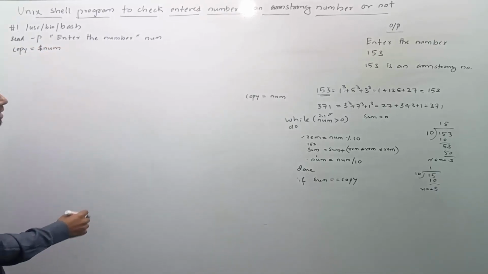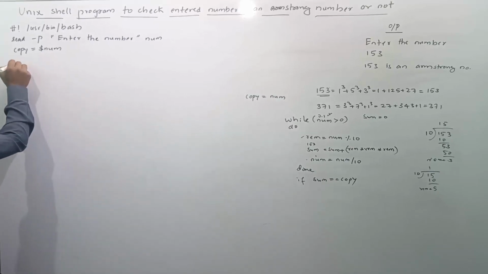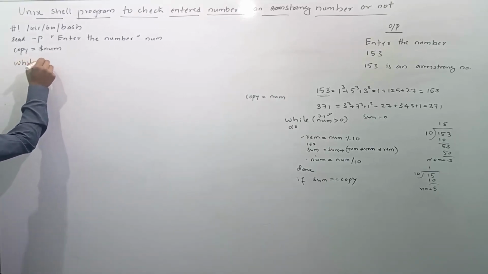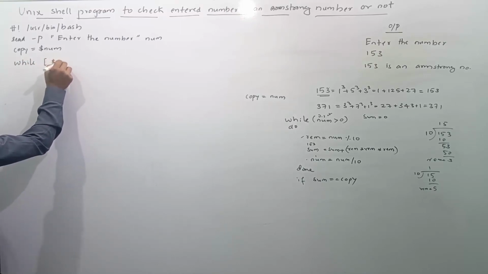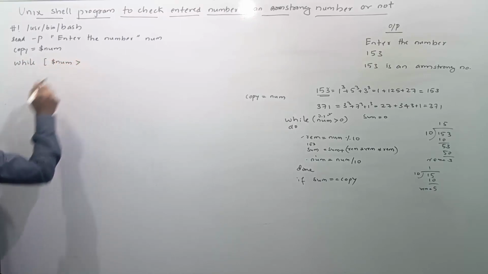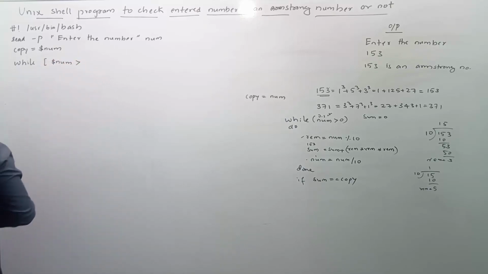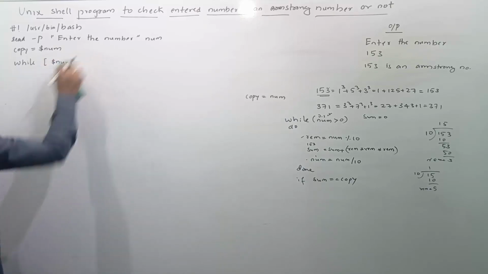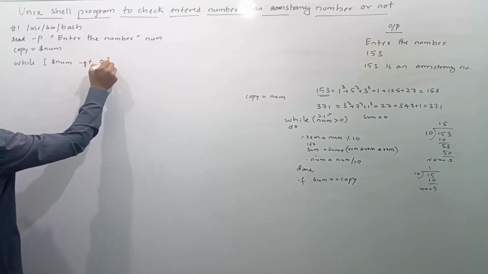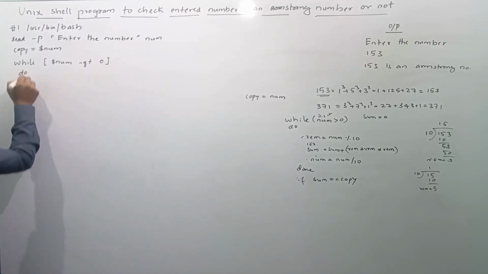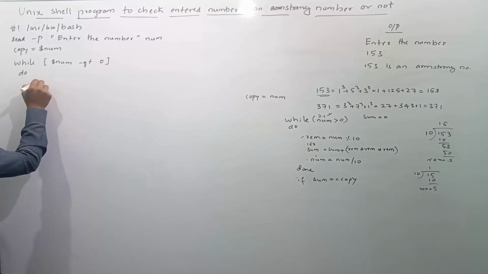Okay, next I need to start the while loop. while [ $num -gt 0 ]; do. I need to first find out the remainder.